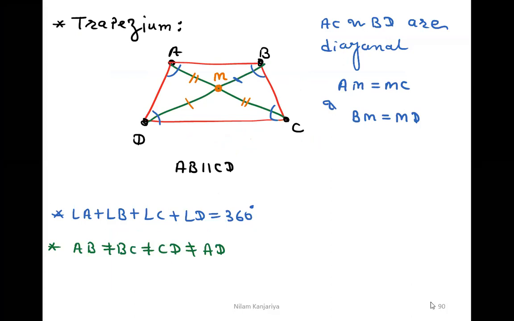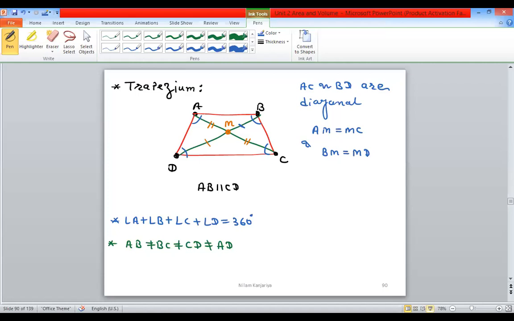Can anyone tell me? Here, AC is 6 centimeters. So what is the value of AM? Could you tell me? Here it bisects.